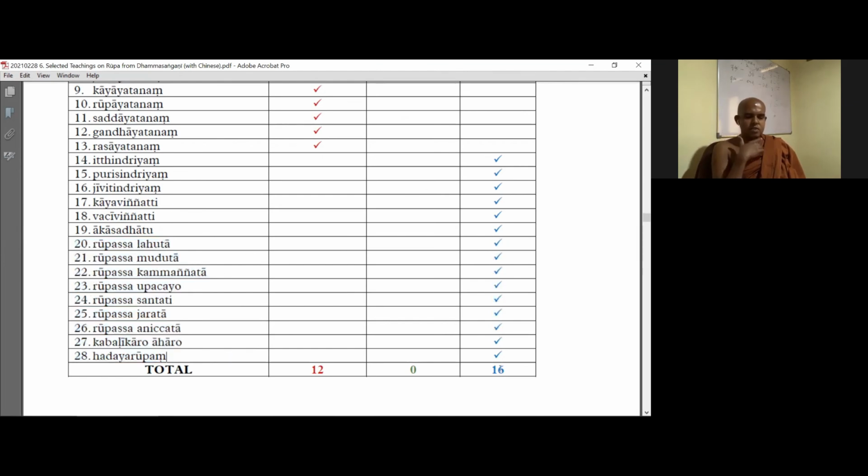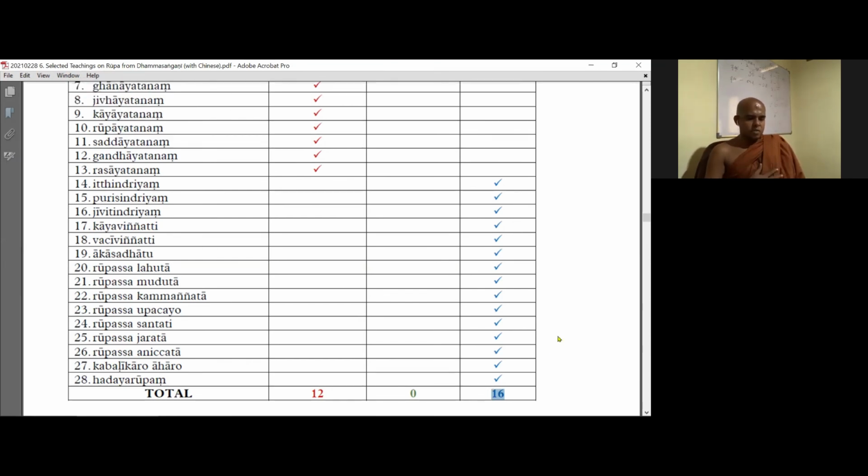Those 16 are called Sukhuma rupa, subtle rupa. So the 28 rupa are classified into 12 Olarika and 16 Sukhuma.